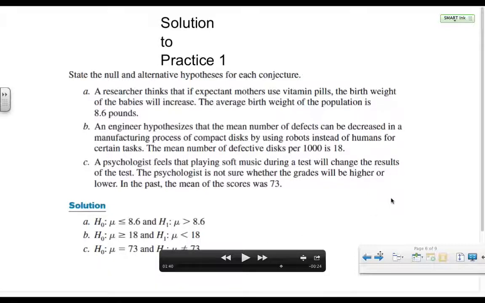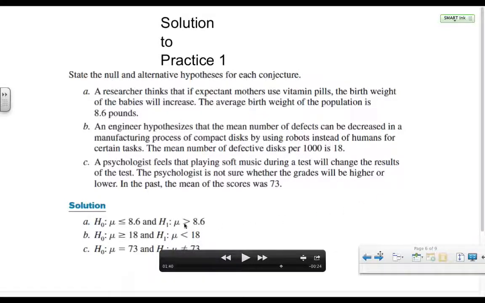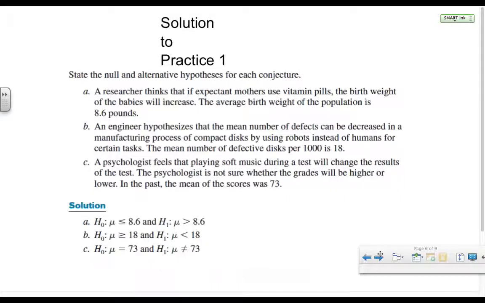Part A says, a researcher thinks that if an expectant mother uses vitamin pills, the birth weight of the babies will increase. The average birth weight of the population is 8.6 pounds. So my H1 here is that the mean will be greater than 8.6. And then my H0 is the opposite of that, less than or equal to. All right. B says, an engineer hypothesizes that the mean number of defects can be decreased in the manufacturing process of compact discs by using robots instead of humans for certain tasks.